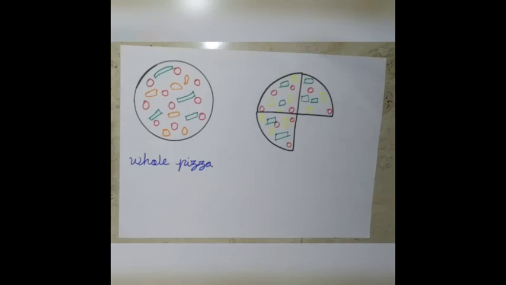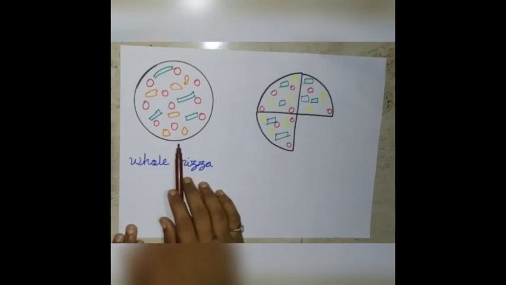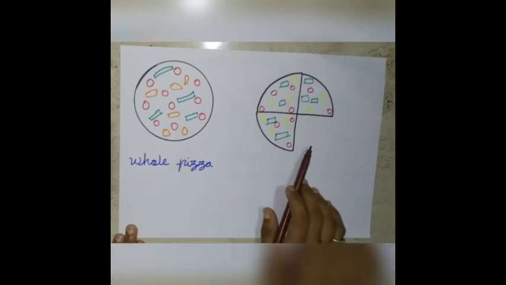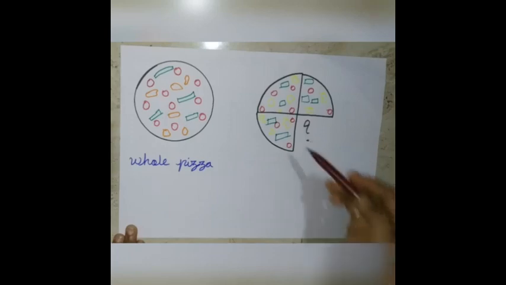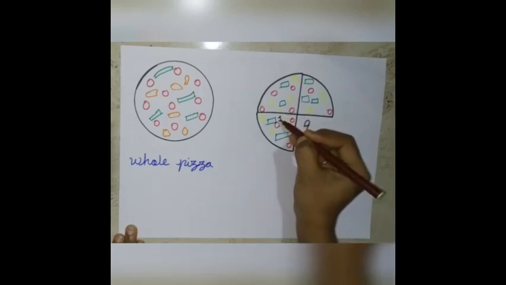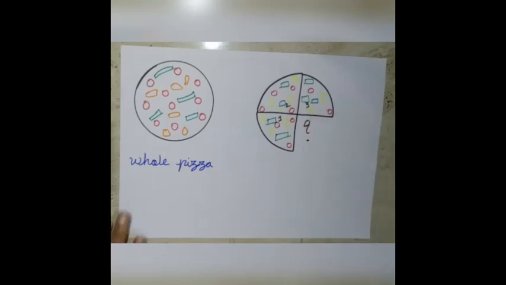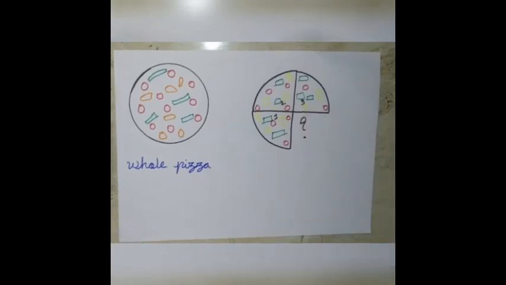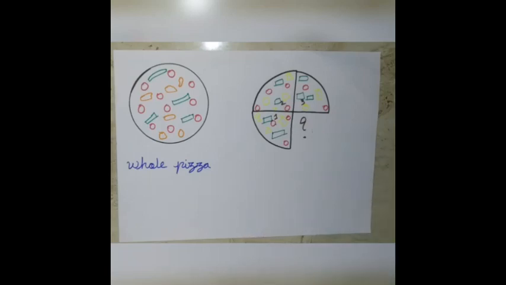Students, can you all guess which picture it is? Yes, pizza. And students, this is a whole pizza. Here one part is missing. This 1, 2 and 3, these 3 parts we can say 3 quarters. 3 quarters, and 1 quarter is missing.